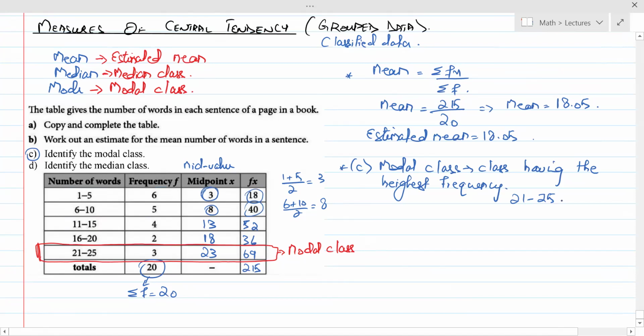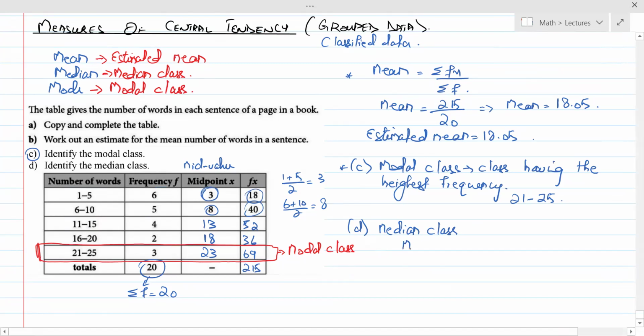Part D, we now have to find the median class. And for finding the median class, we would use the same formula we used for the frequency table, the formula for finding the median position.